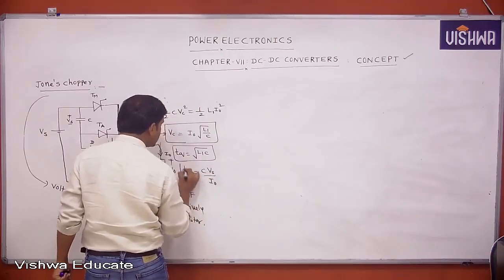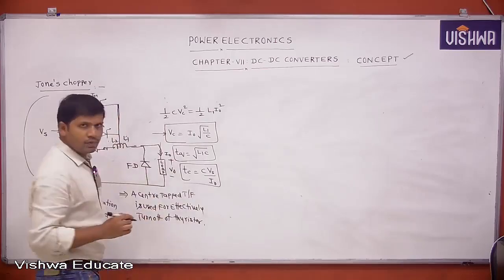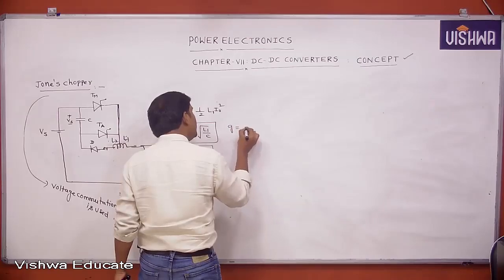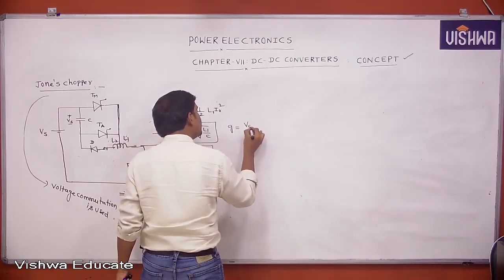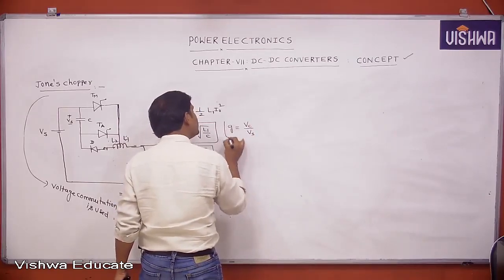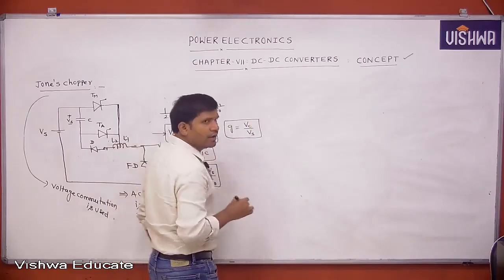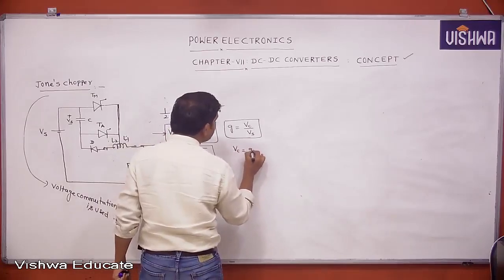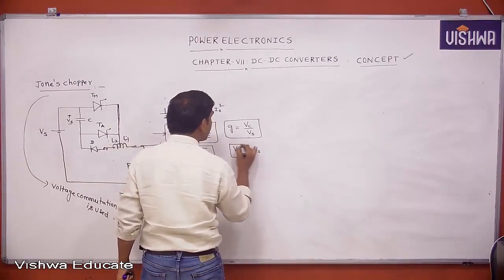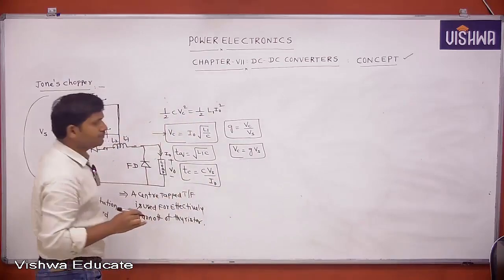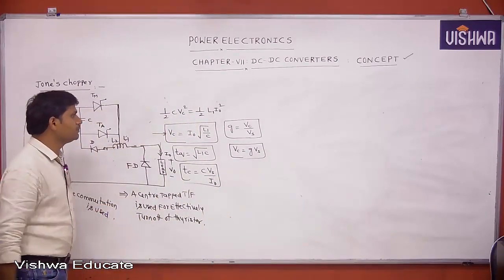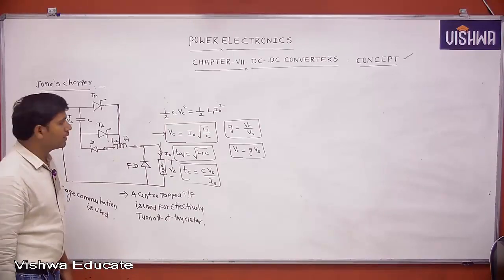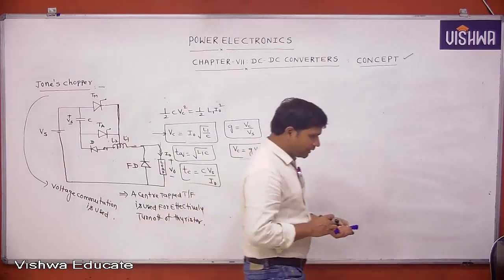We also define a constant G equals Vc by Vs. Then the voltage across the capacitor equals G into Vs. You write that. It is just a constant we are defining.